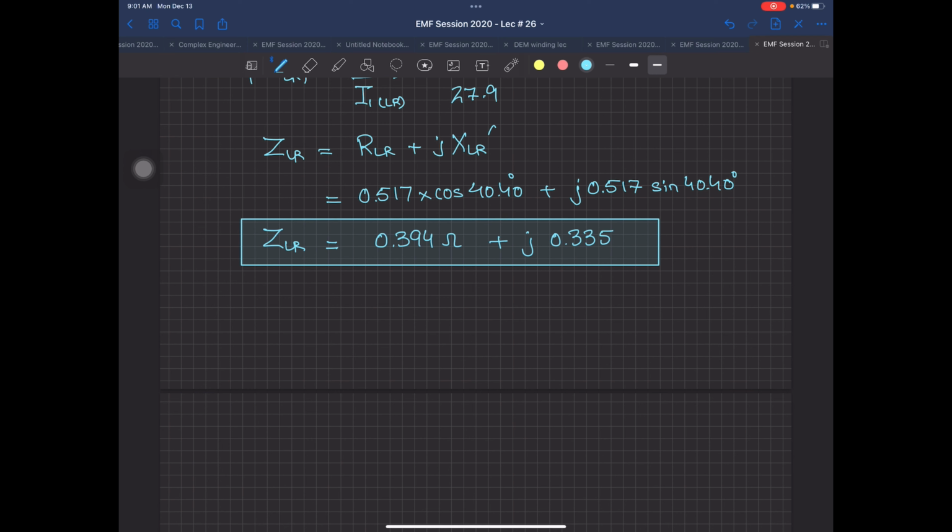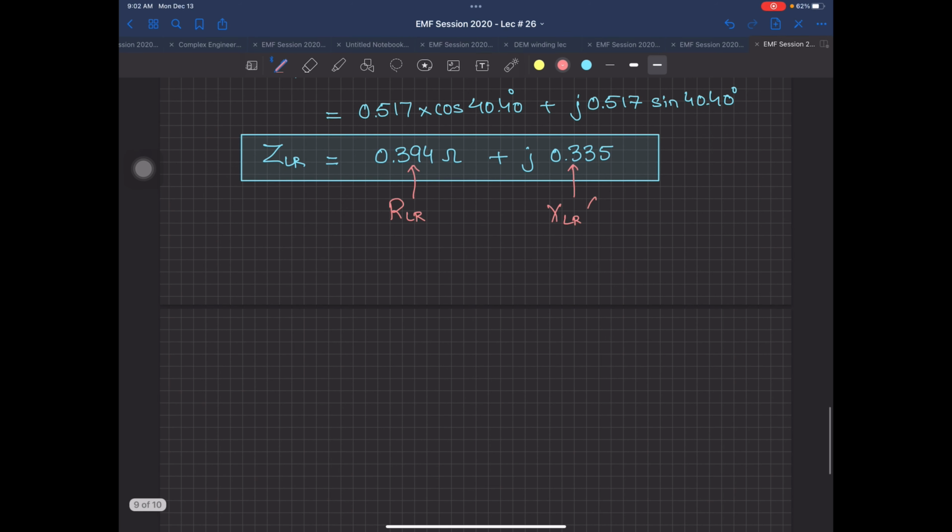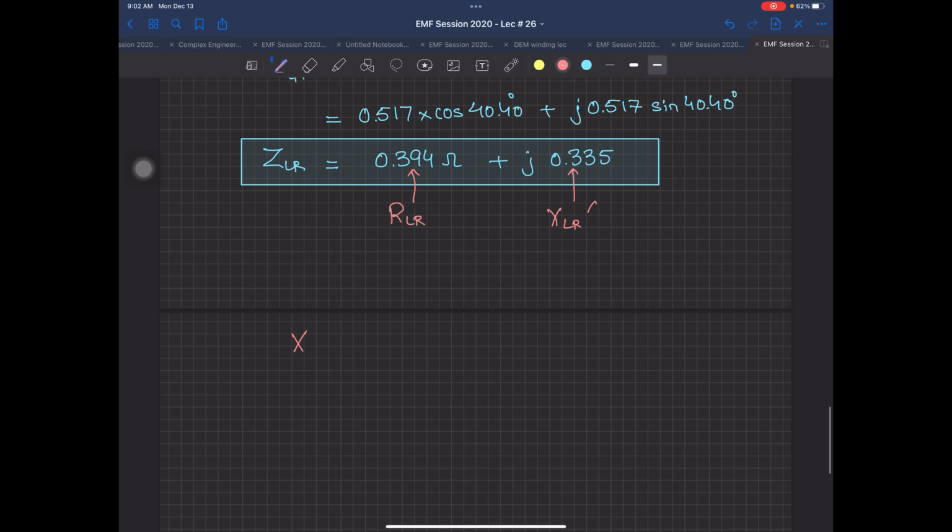Now this is your RLR, and this is your XLR bar. Now you have to convert this XLR bar, which is actually X1 bar plus X2 bar. So XLR bar has to be converted into the rated frequency divided by the test frequency, multiplied by XLR bar.